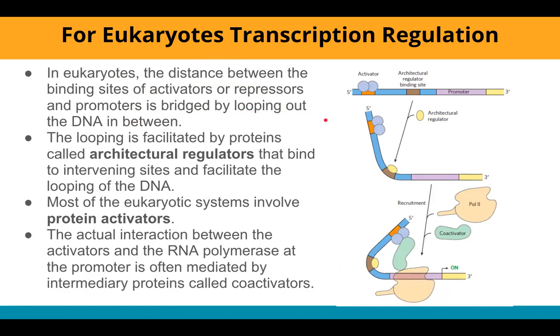So there's quite a far distance between the coding region and the control region. So in transcription regulation there will usually be looping of the DNA. The looping is facilitated by proteins called architectural regulators that bind to intervening sites and facilitate the looping of DNA. Most eukaryotic systems involve protein activators.